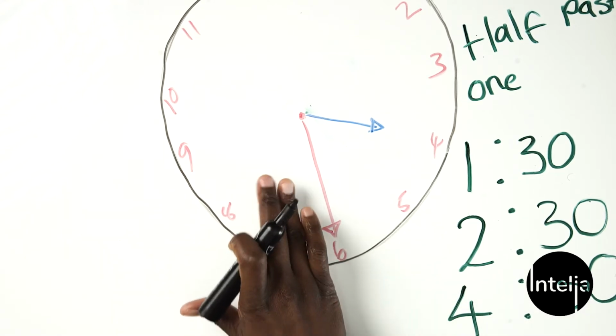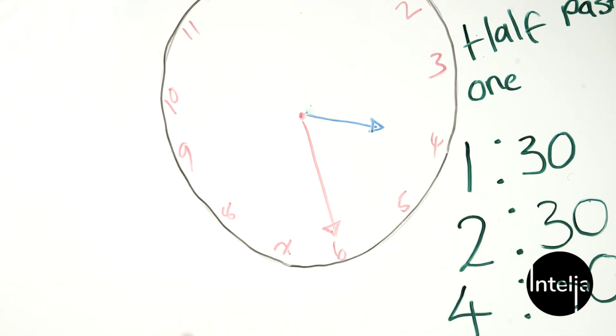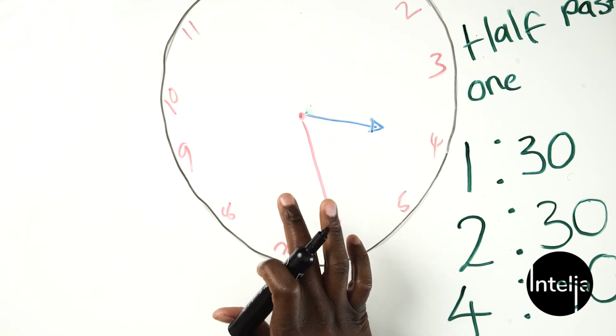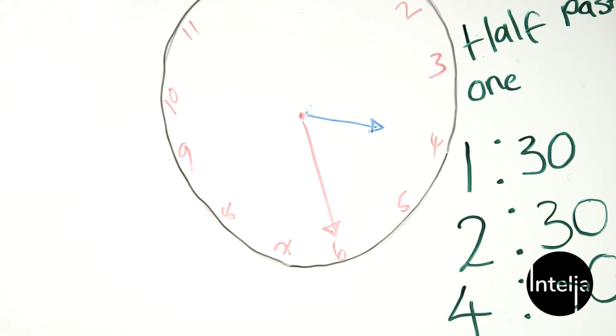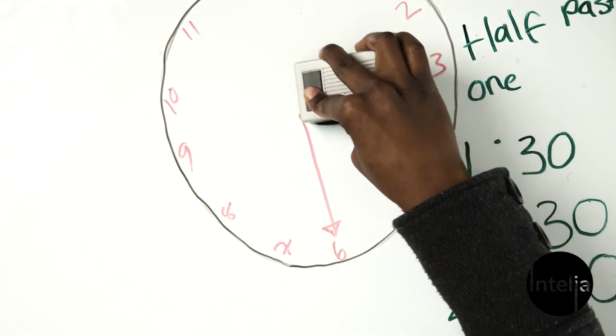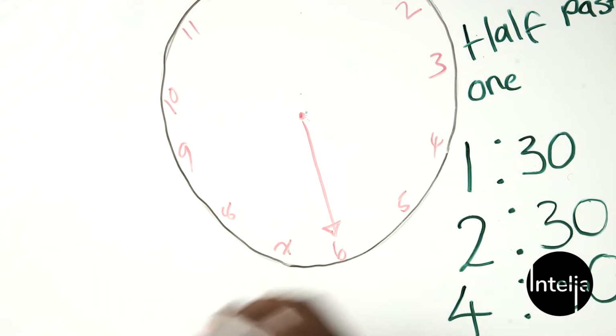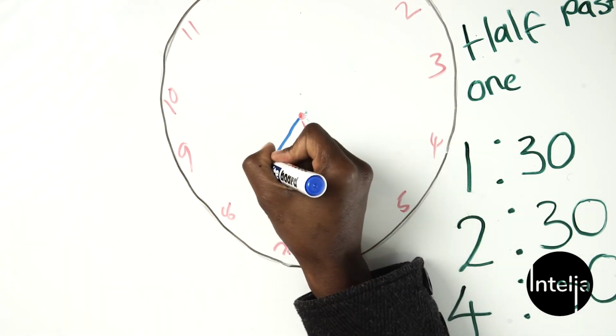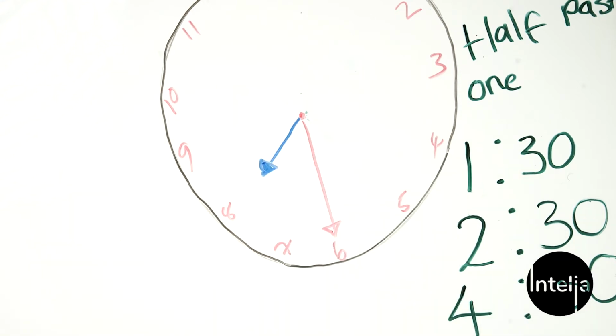So this is how you call the half past in every hour here on our face of the clock. So let me give you another example. Say our hour hand is pointing here at 8.